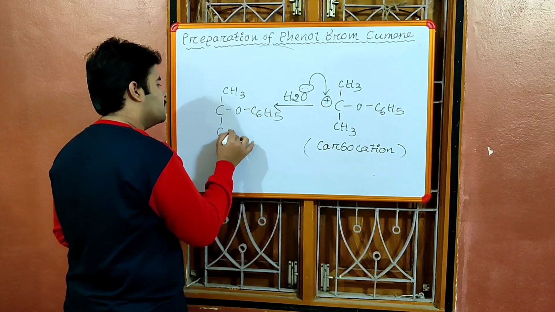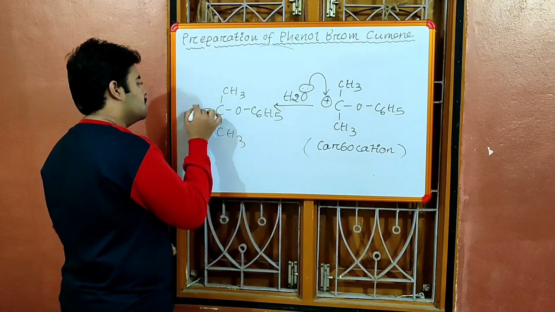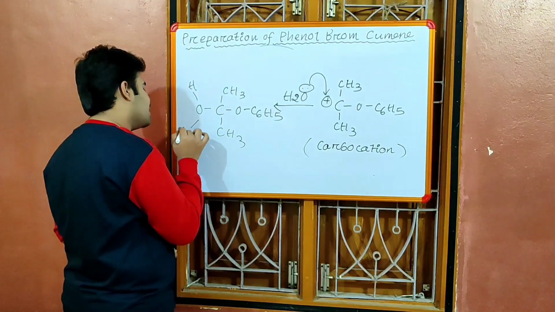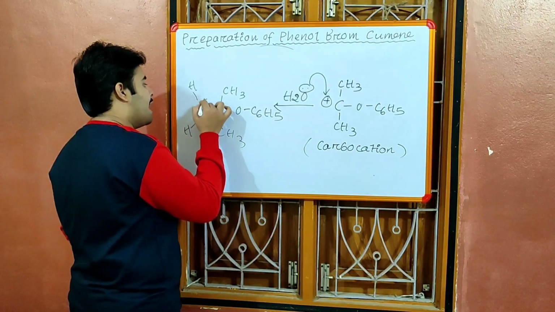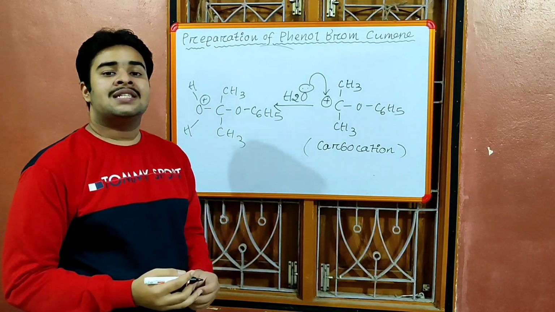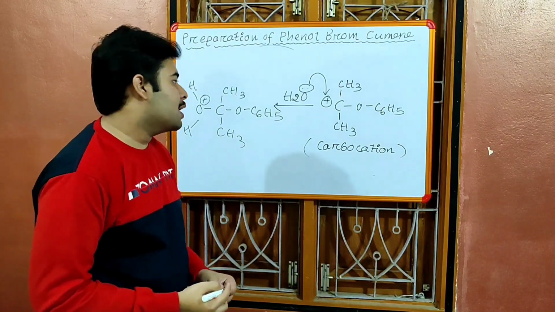So now this will be formed. This oxygen will be attached to this carbon, hydrogens are like this, and as it has donated its lone pair of electrons to this positive charge bearing carbon, that is the carbocation.